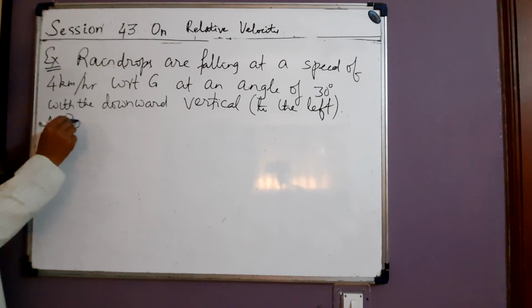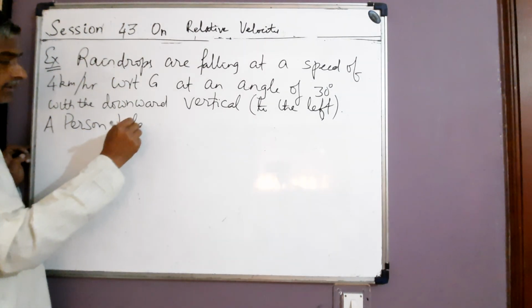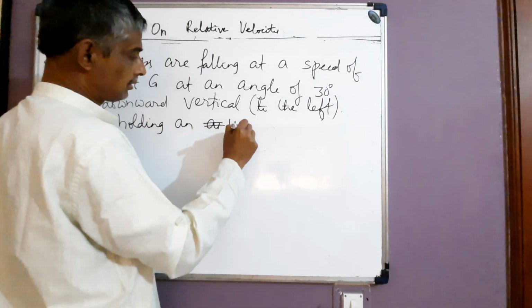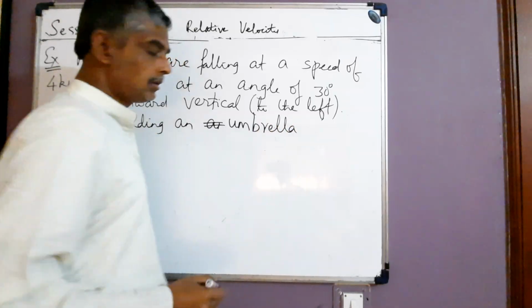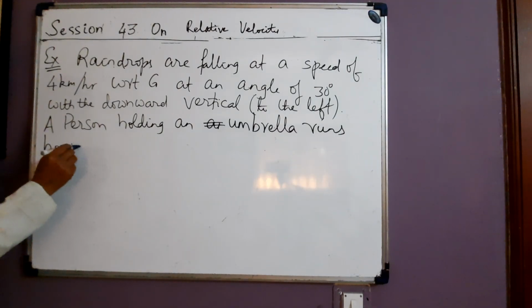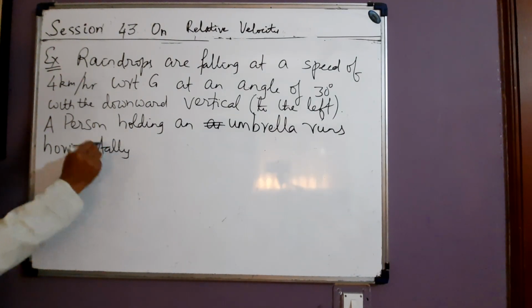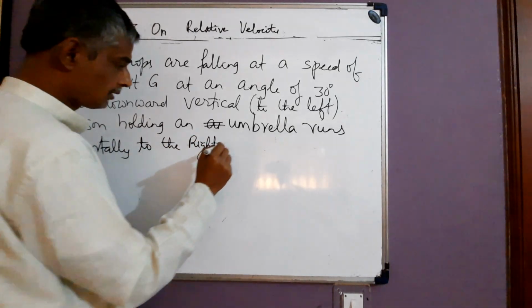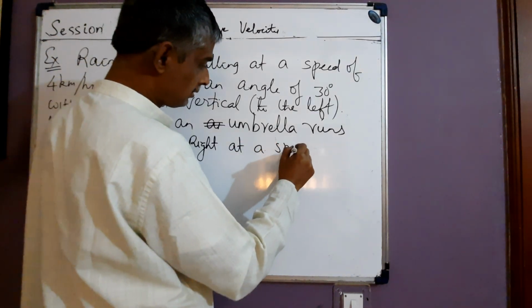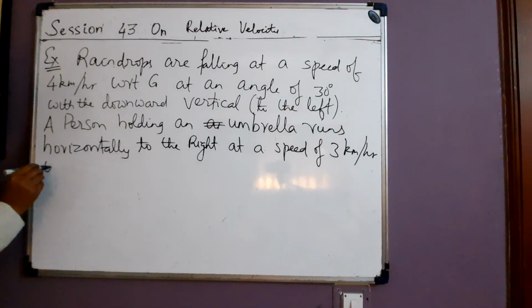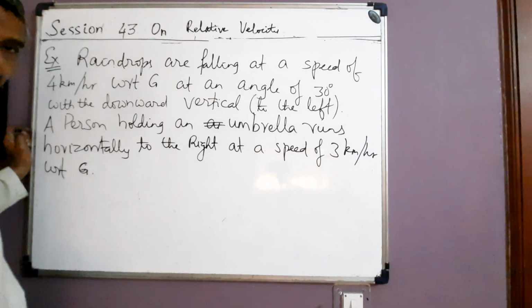A person holding an umbrella runs horizontally to the right at a speed of 3 km per hour with respect to ground.